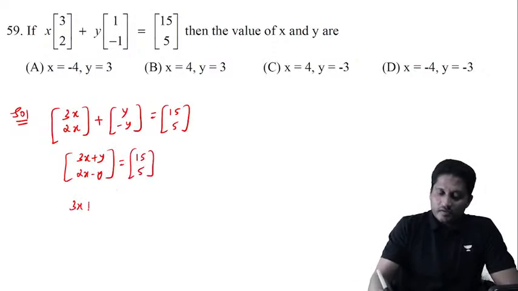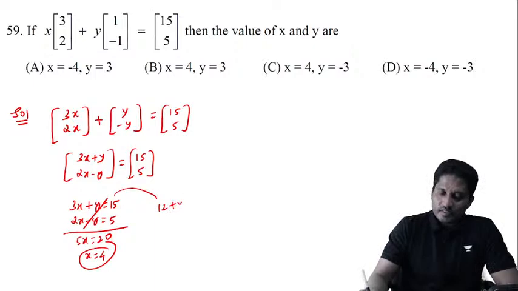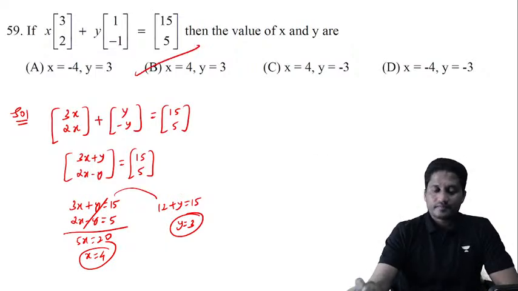So if I equate, 3x plus y is equal to 15, 2x minus y is equal to 5. 5x is equal to 20, x is equal to 4. If you put x is equal to 4, 4 3 is 12 plus y is equal to 15, y is equal to 3. x is 4, y is 3.